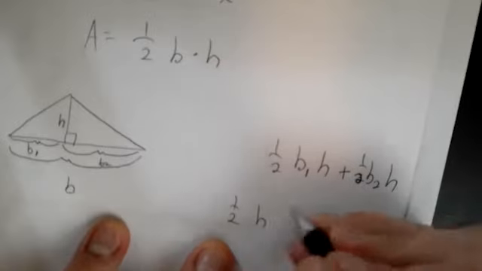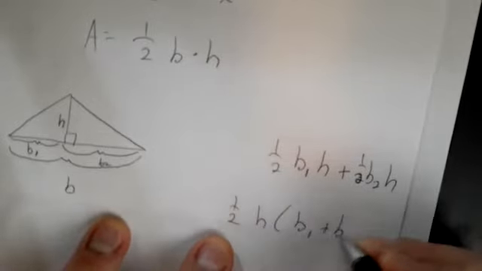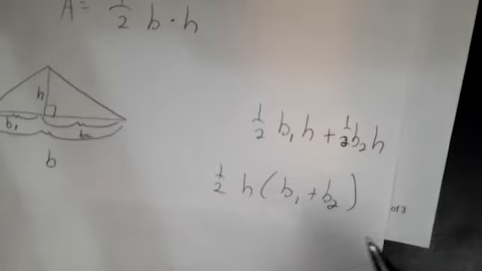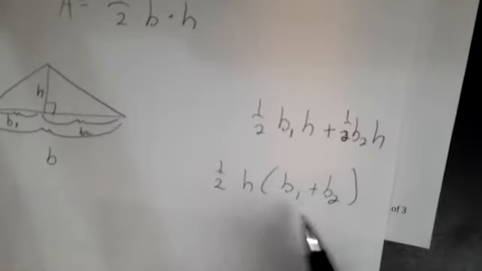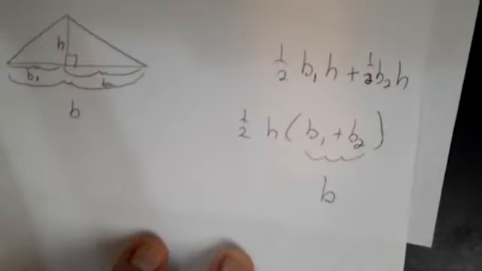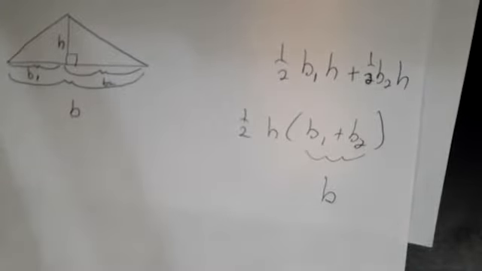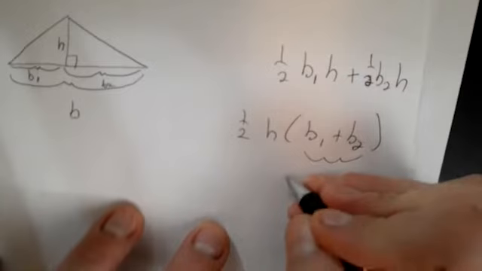There's a little trick I can do. Both of these have 1/2 height. If I pull that out, I'm just adding my two bases together. And if I add my two bases together, this is the same thing as all of my base, right? Base 1 and base 2, when I add them together, are going to create the whole base. And so this is just a half base height.